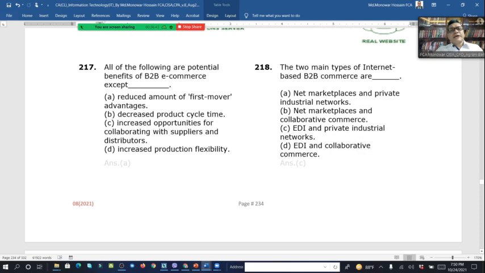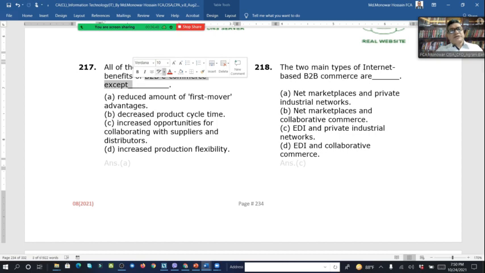All of the following are potential benefits of business to business e-commerce except. So here four items, three items are related with business to business e-commerce, one is not related.